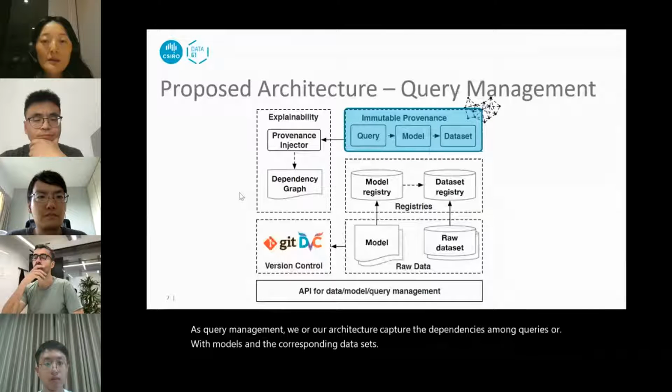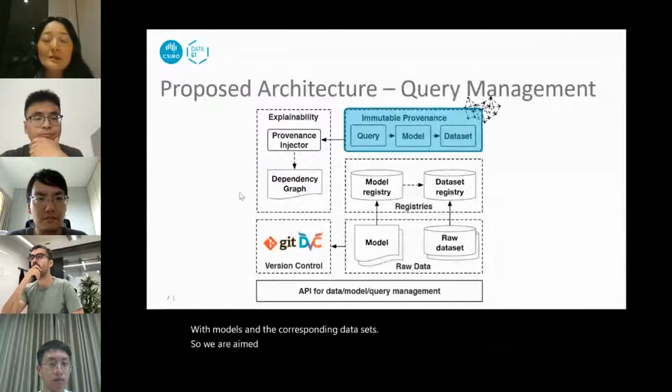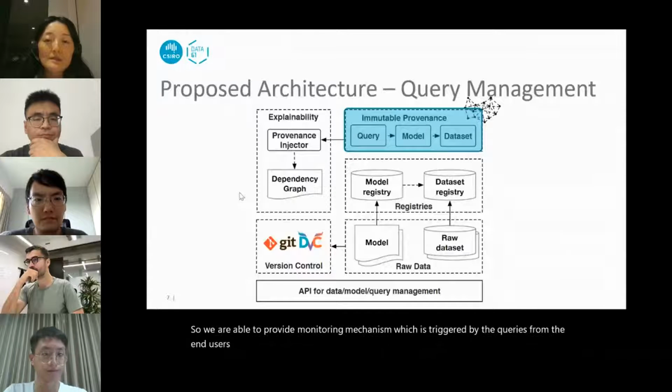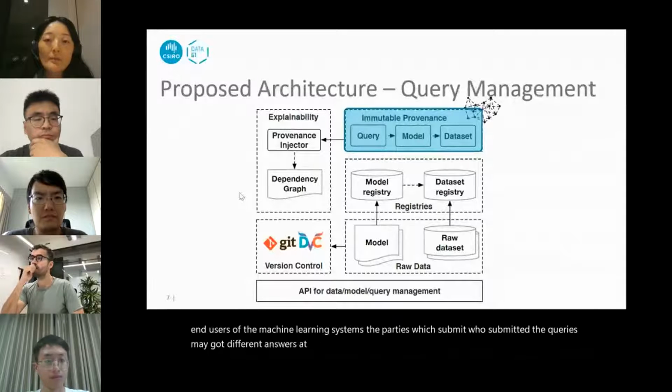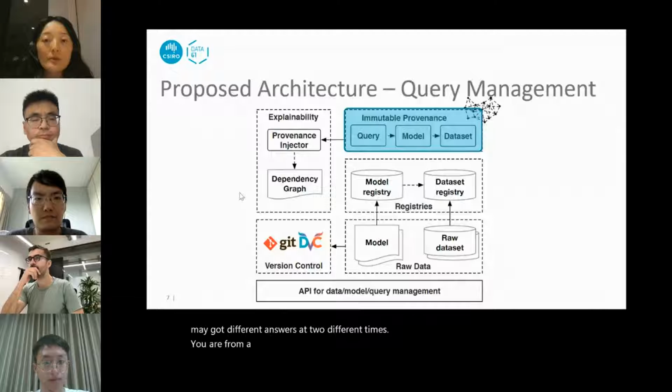We aim to provide a monitoring mechanism which is triggered by the queries from the end users of the machine learning systems. The parties who submitted the queries may get different answers at two different times from a single prediction model. Any change to the underlying data could cause this inconsistency.